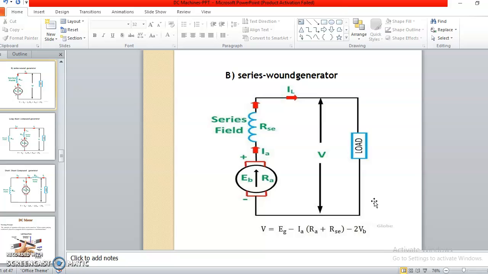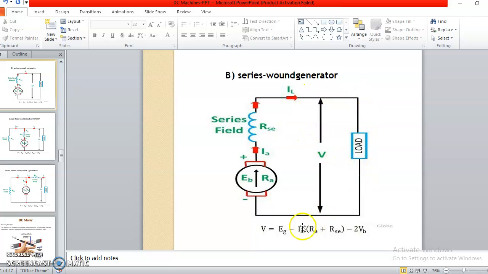When the armature winding, which is present inside this generator, and the field winding come in series, it is called a series excited or series self-excited DC generator, where IA is equal to ISE, which is nothing but IL. That means the same current is flowing through the armature winding, field winding and the load.